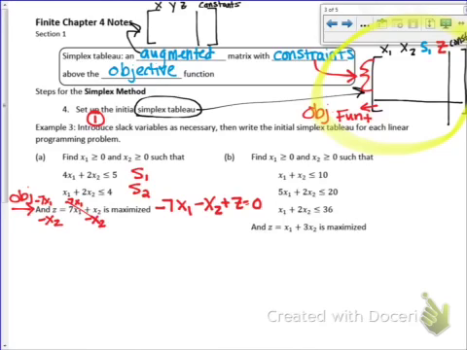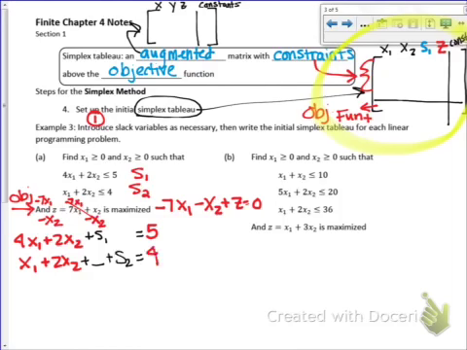Okay, so our new constraints are 4x1 plus 2x2. And then I'm going to add in my first slack variable. I'm going to change it to an equal sign. I'm going to bring down my 5. And then I have x1 plus 2x2. And then I'm going to add in a space for S1, and then I'm going to add S2 here, an equal sign.